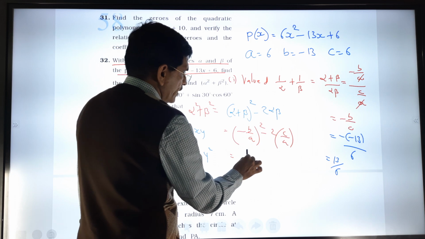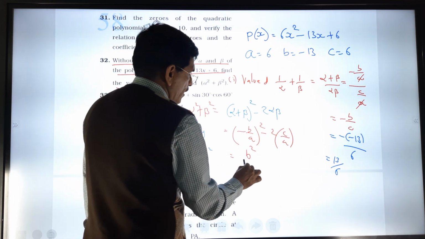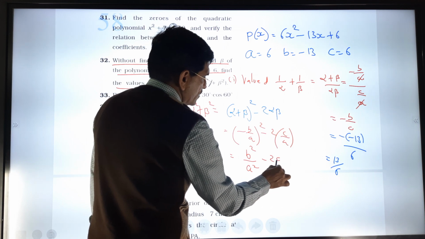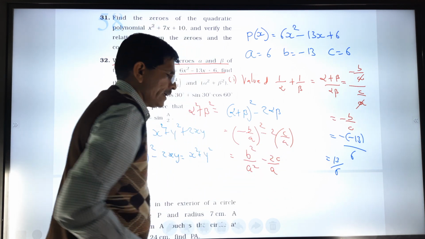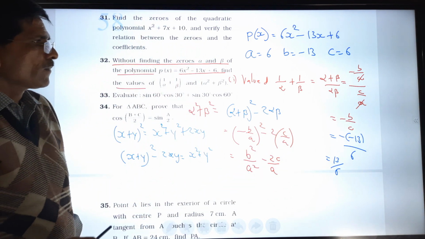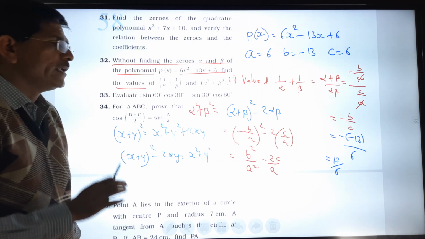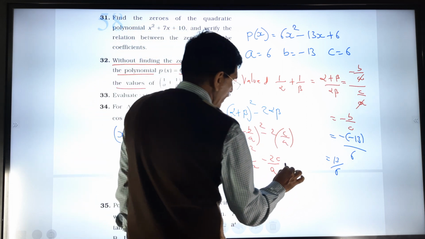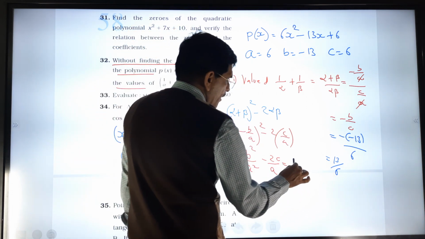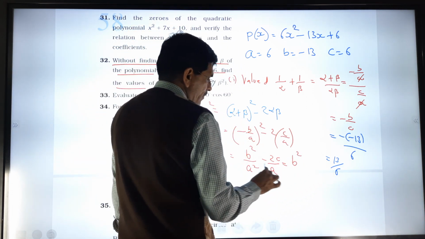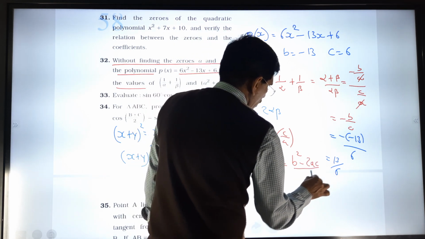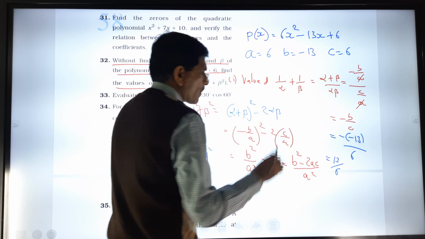If I simplify, then b square upon a square minus 2c upon a. If I want to simplify more, I will take the LCM, then b square minus 2ac upon a square.